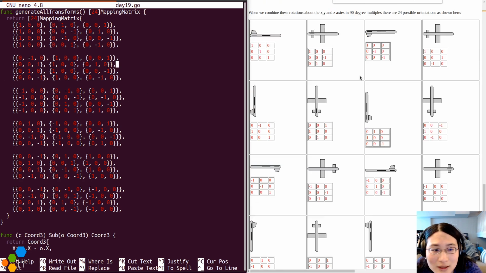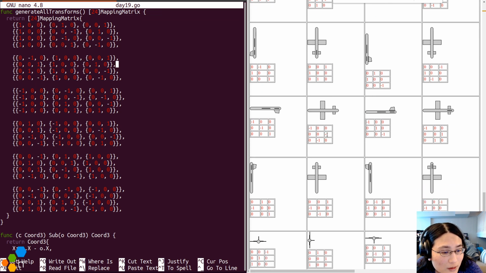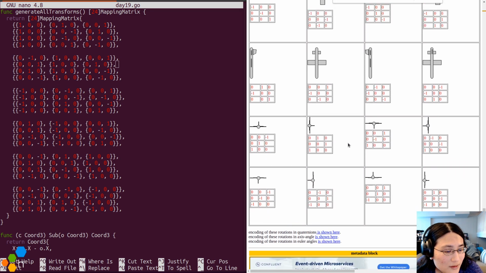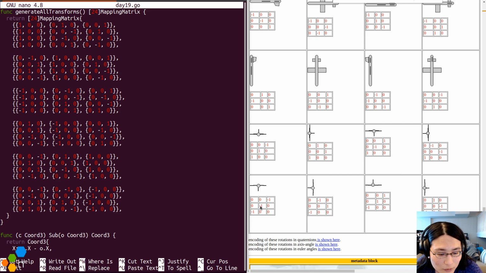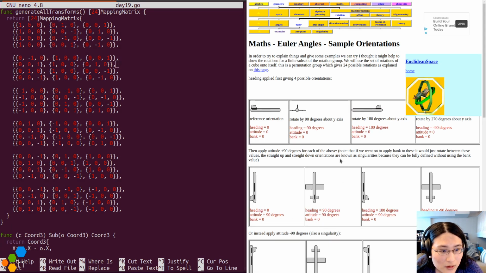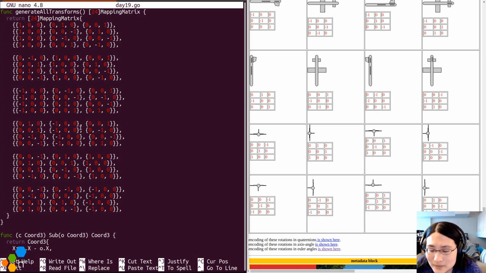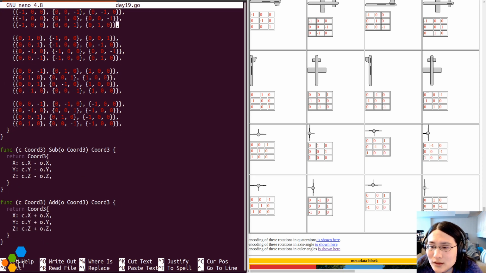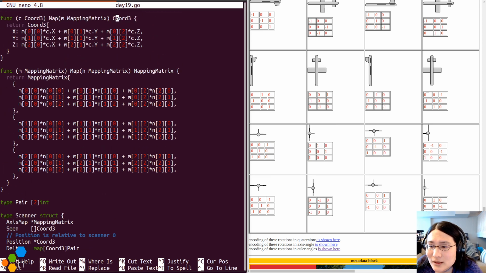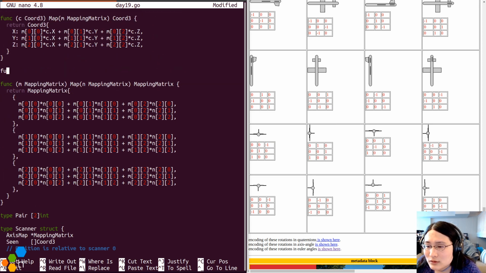That was in the third group. Yeah, okay. In fact, there's one here that's also all -1s. Okay. So assuming that this is the case, then let's create something that will invert a mapping matrix.